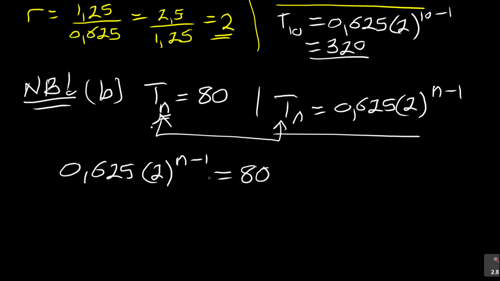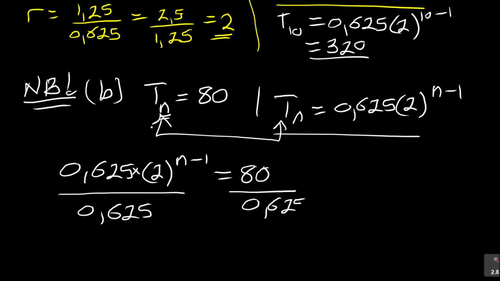Are you with me? Now you need to know how to solve for n here. Please don't panic. Look at this. It's exponents. First things first, there is a times here. Divide by 0,625 over 0,625. I want you to remember the stage that I'm doing is always the same. If there was no number, it's still fine.